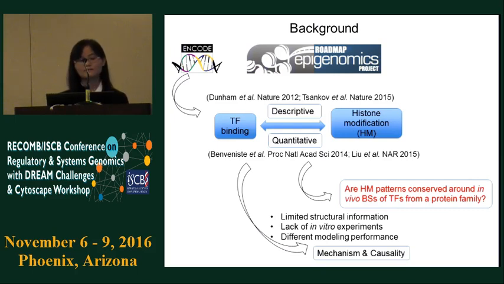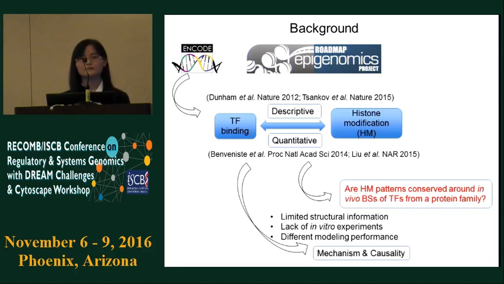One, we don't have enough structural information to help us observe the biophysical changes once the histone marks are introduced to histones, and we also don't know how those biophysical changes affect TF DNA recognition. Second, we don't have enough in vitro experiments showing us the TF binding affinity changes to nucleosome-containing DNA.